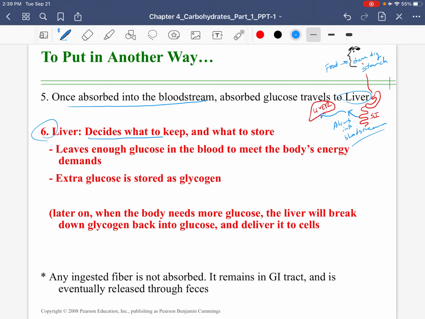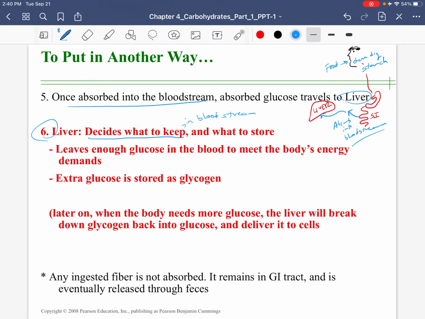And here's what the liver does. The liver decides what to keep in the bloodstream and what to store. This is exactly the example I was just talking about. You eat a big meal, you don't need all those carbs in your blood right away.